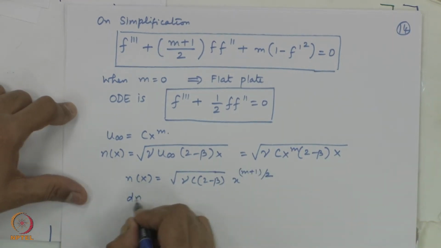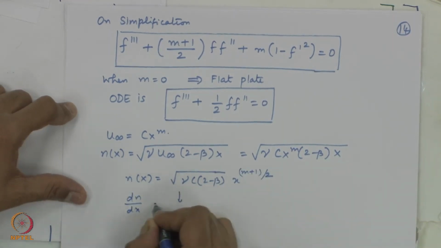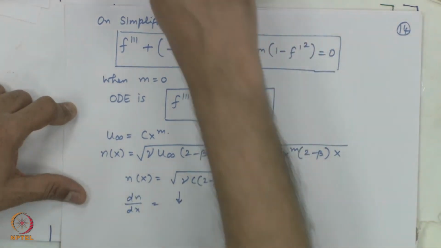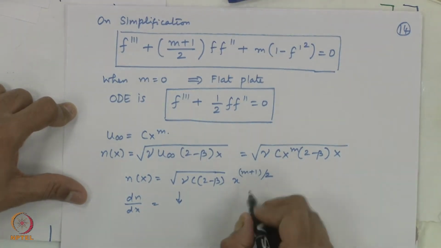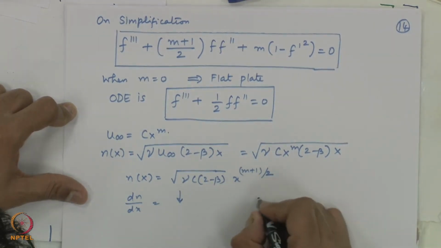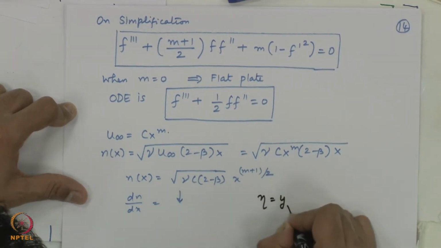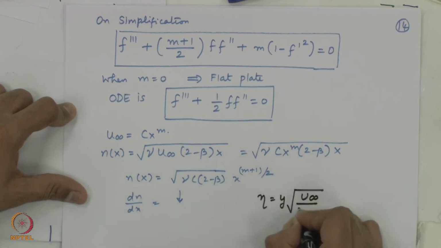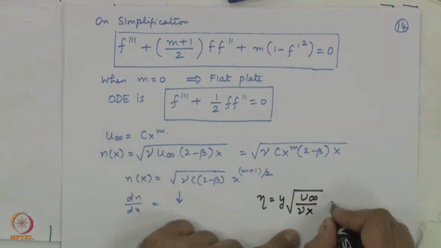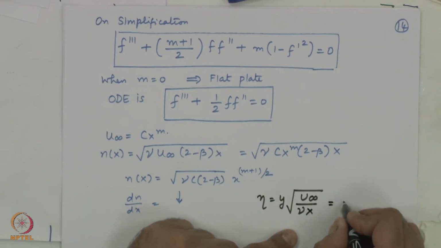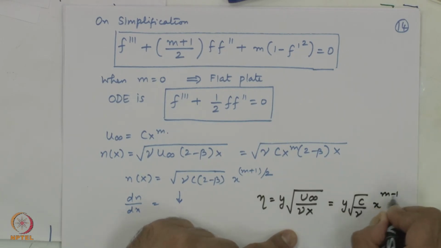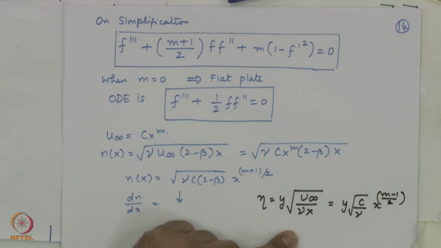We can write dn by dx from here, and then we can say eta is equal to y u infinity by nu x. This would come out to be y under root C by nu, x to the power m minus 1 by 2. Okay.